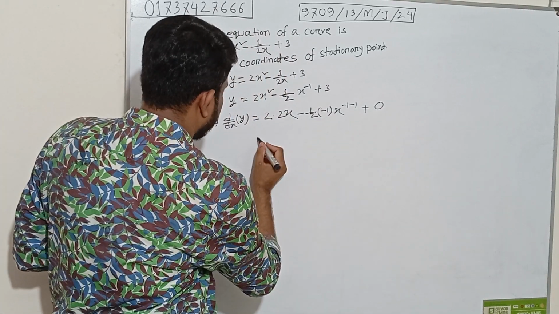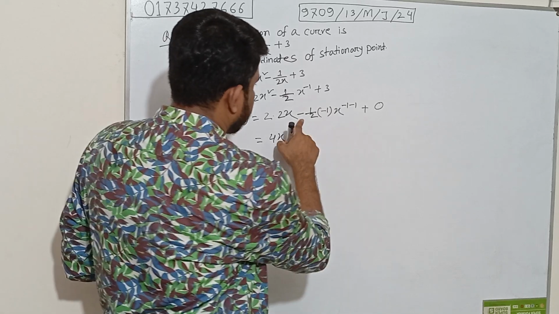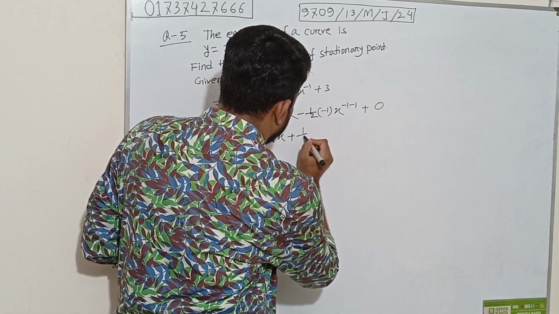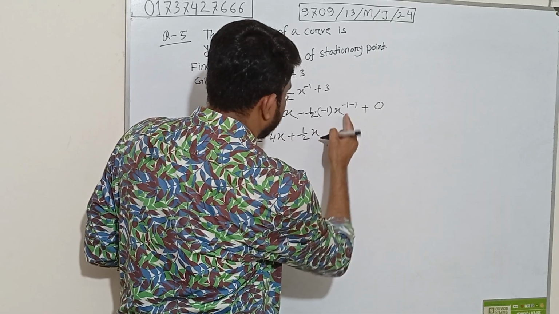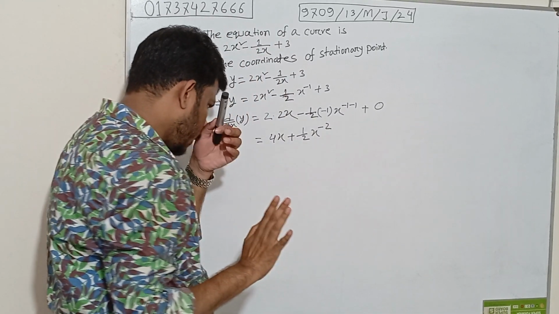So this is 2 times 2, 4x, and minus minus is plus half x to the power minus 1 minus 1, which is minus 2, and plus 0, which we don't need to write.